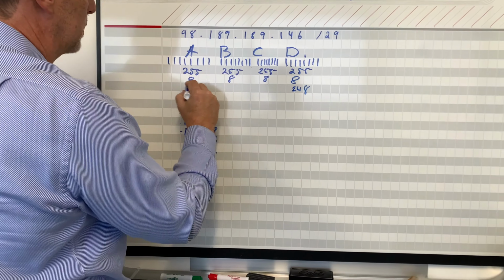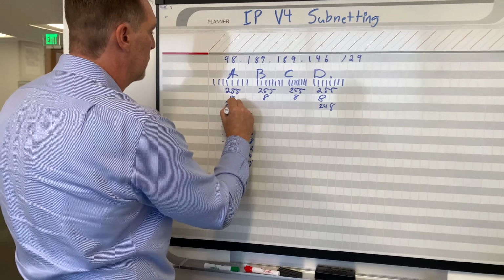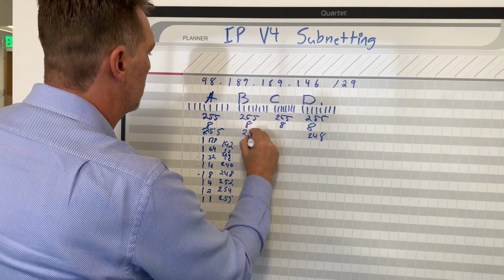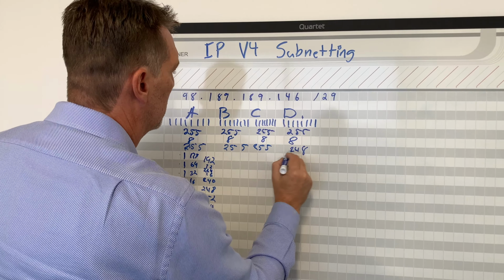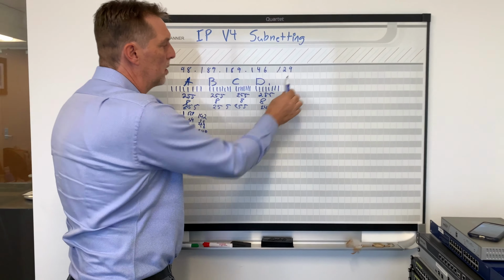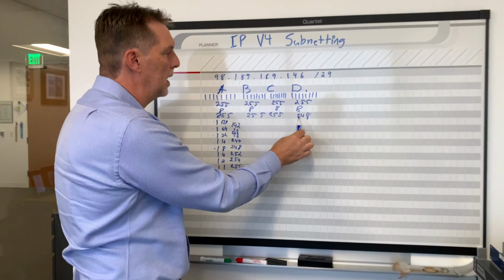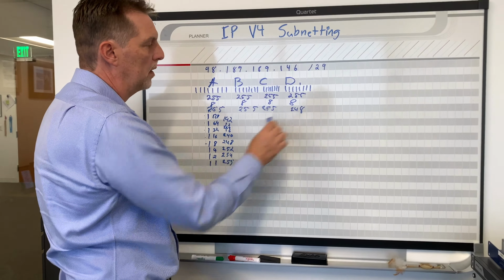And what that means is your subnet mask is going to be 255, 255, 255, 248. So a /29 is a 255.255.255.248 subnet mask.